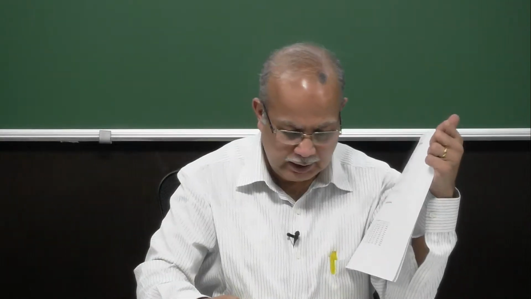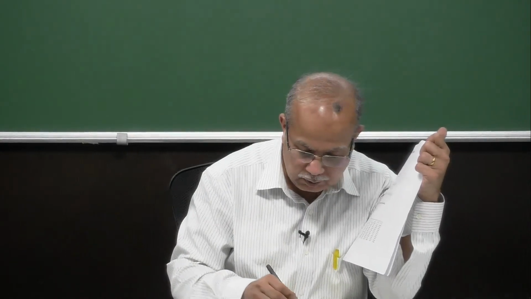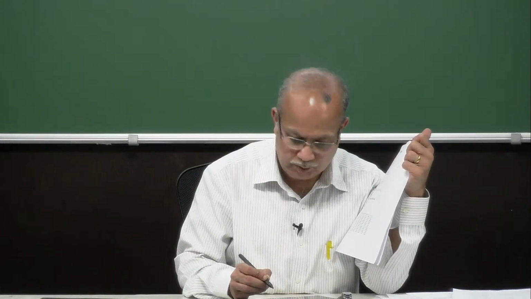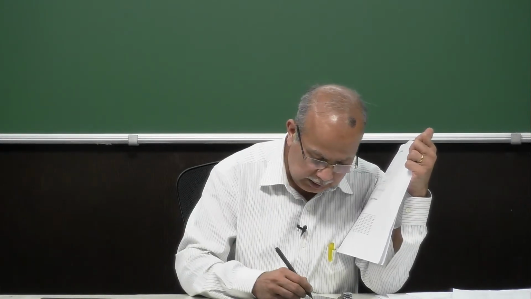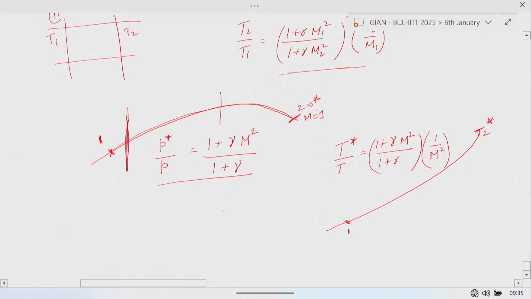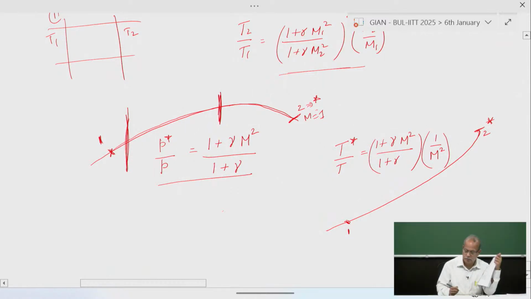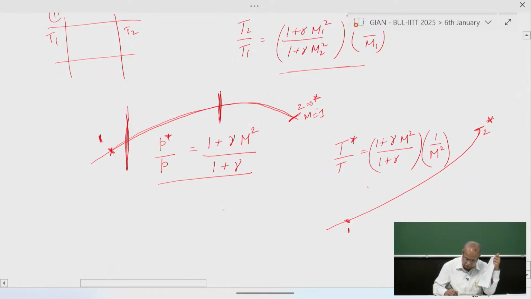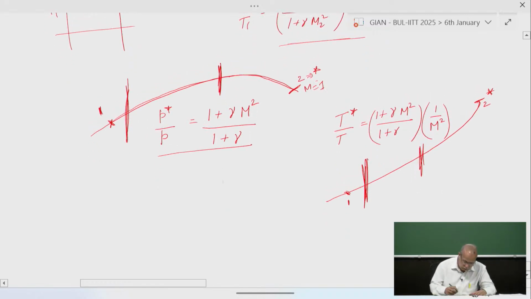The Rayleigh theory itself goes from here to here. But for us, the combustion will take place somewhere from here to here. So that is what we are going to look at. Now, how do we do it? Let's say this is 1 and 2.